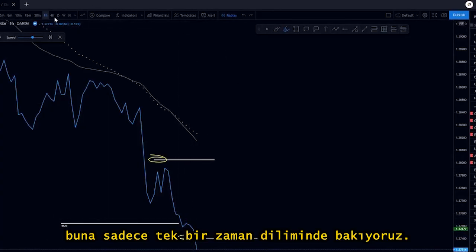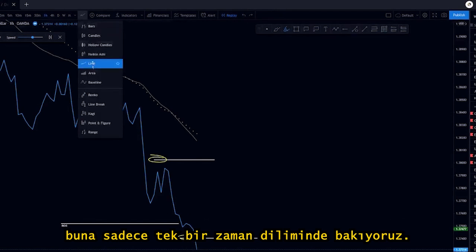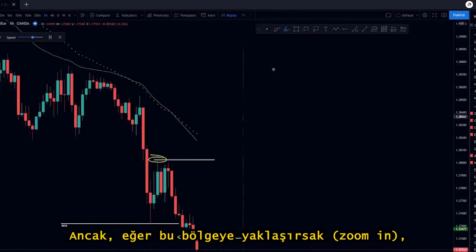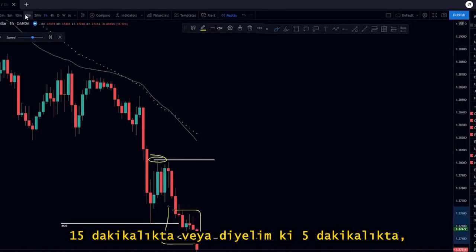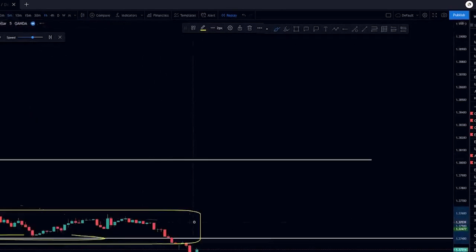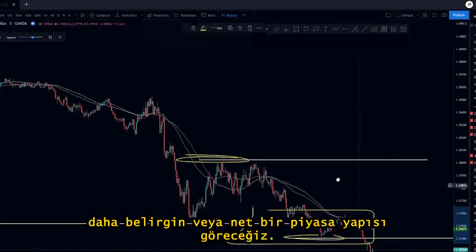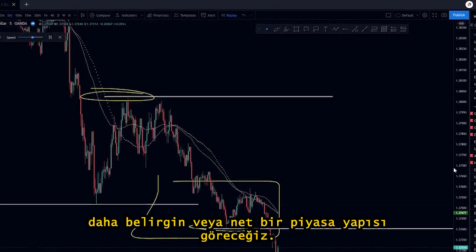And just remember that we're simply looking at it on a single time frame. However, if we zoom into this area on the 15-minute, or let's say the 5-minute, we're going to see significant or clearer market structure.